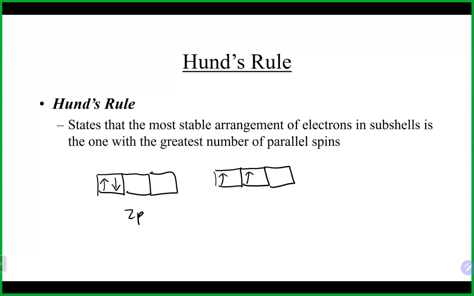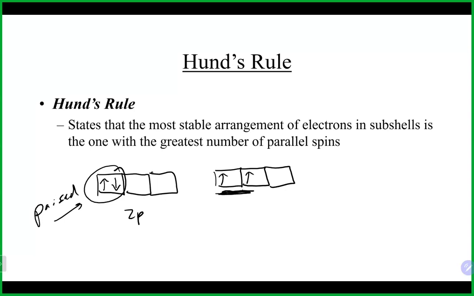And Hund's rule states that the most stable arrangement for electrons in a subshell is one where we have the greatest parallel spin. So if you remember, this type of spin where they are matched up is called paired spin. Parallel spin is this situation here where everybody's heading in the same direction.